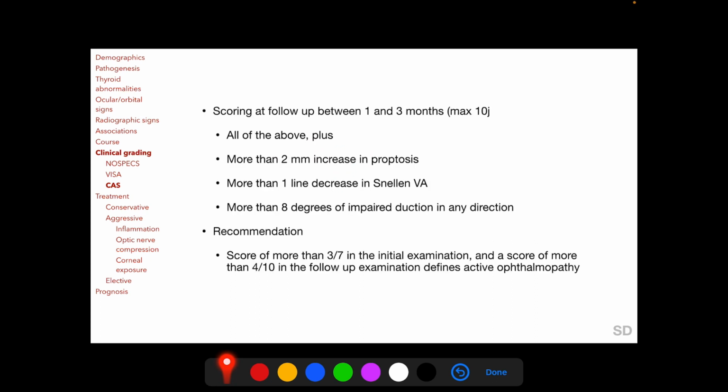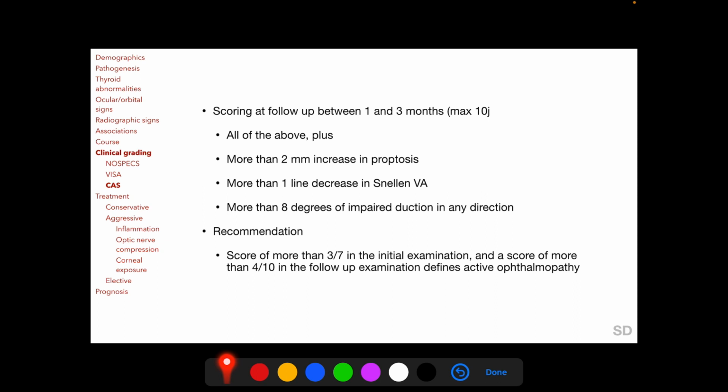In the CAS system, at follow-up between 1 and 3 months, all the baseline criteria are again scored, but in addition 3 more criteria defining progression of the disease are also included, and they are more than 2 mm increase in proptosis, more than 1 line decrease in Snellen visual acuity, and more than 8 degrees of change of impaired duction in any direction. And each of these criteria also get 1 point if present.